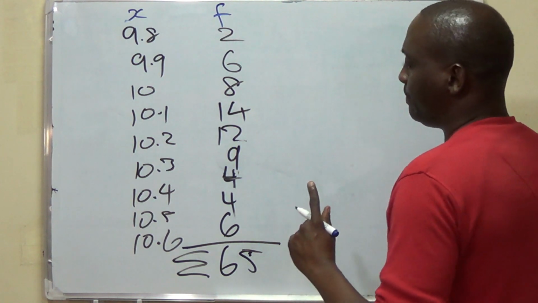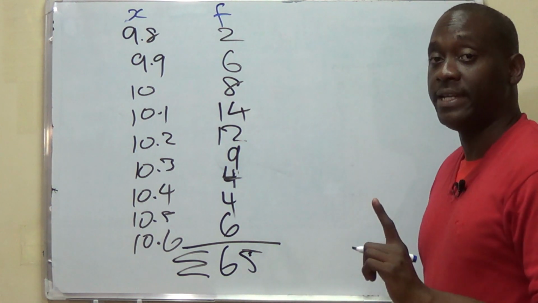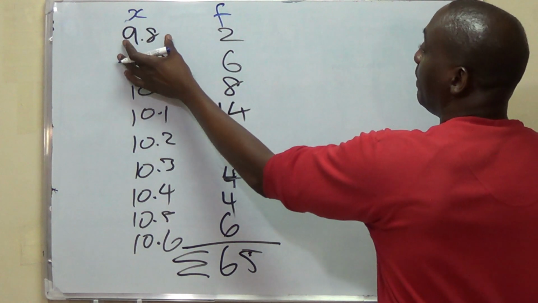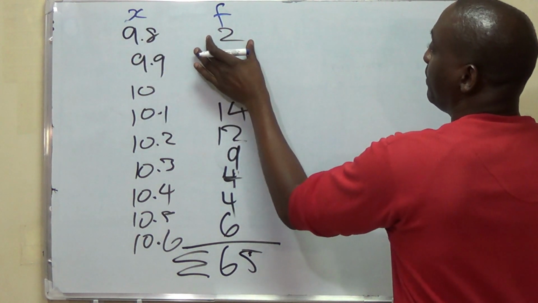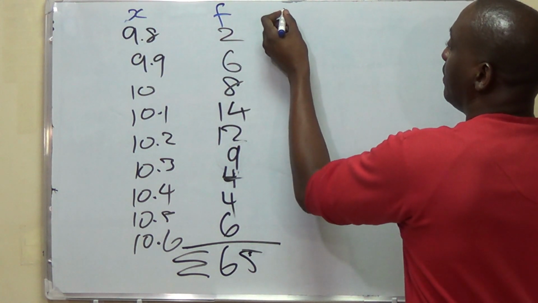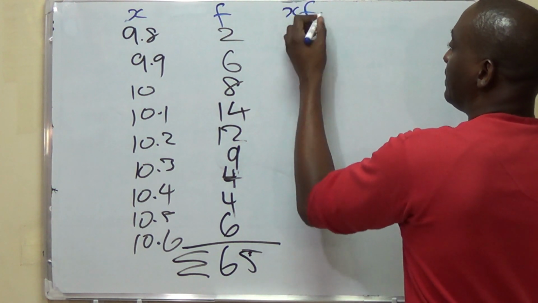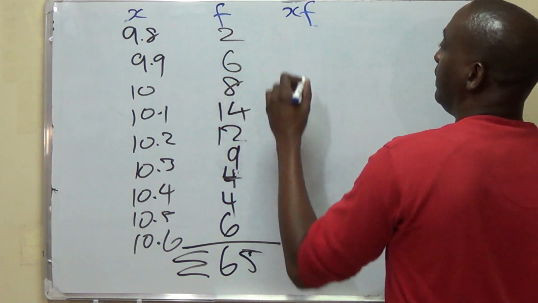In this case, if we're trying to find the mean, you need to multiply the values by the frequency. So then you'll have a separate column here. This will be the XF column, right?